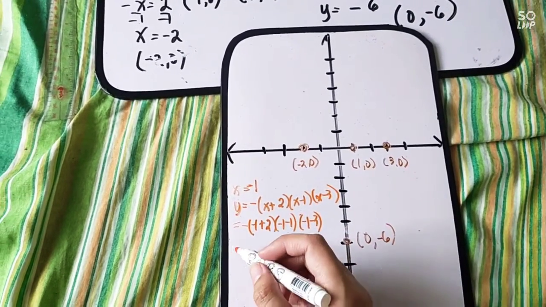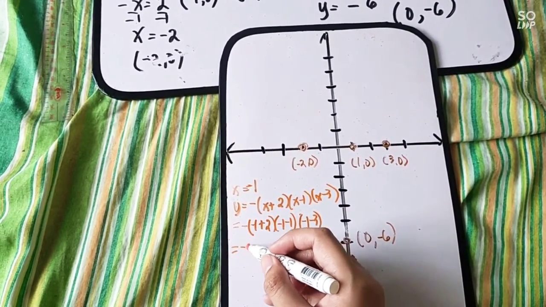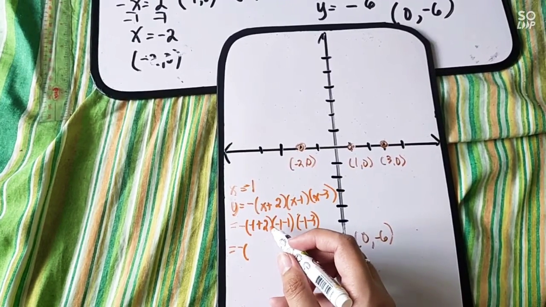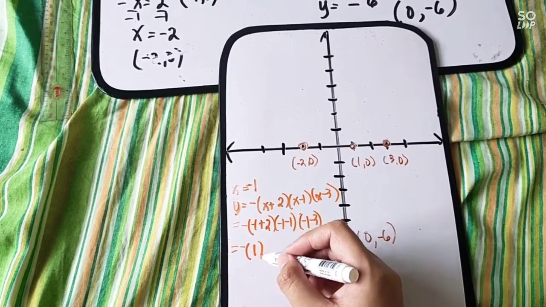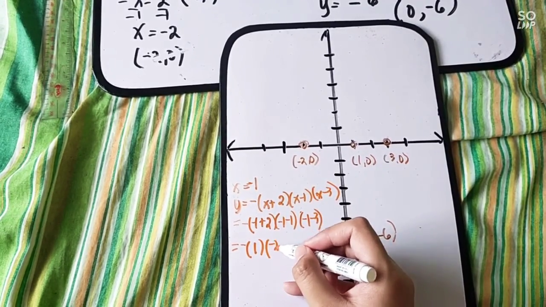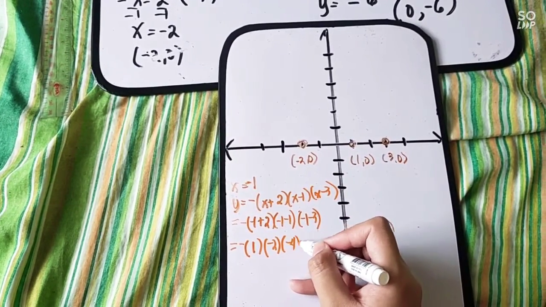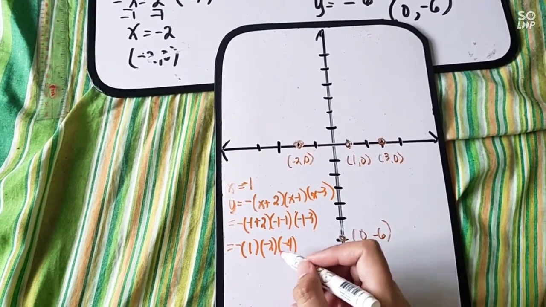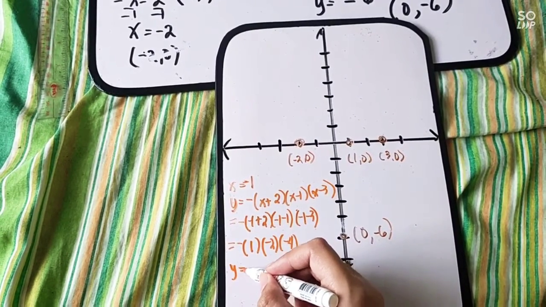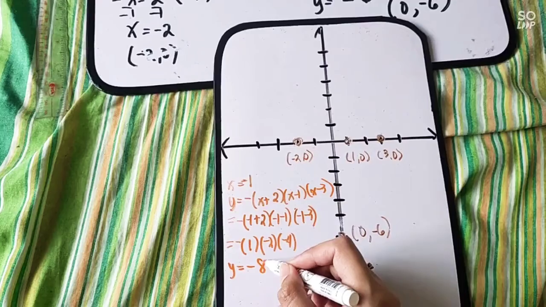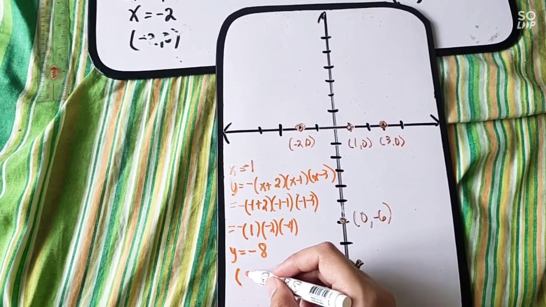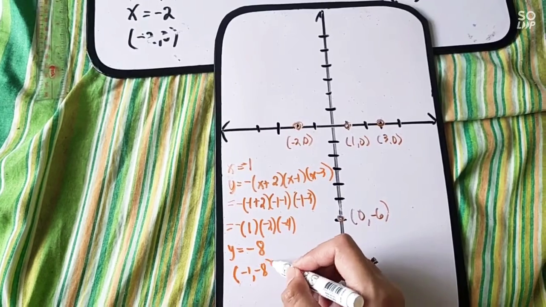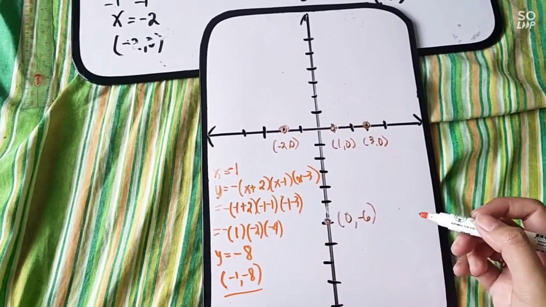Then we have negative times 1, then negative 2, then negative 4. Then multiply. So our y is negative 8, because there are three negative signs. So we have (-1, -8). That's the other point.